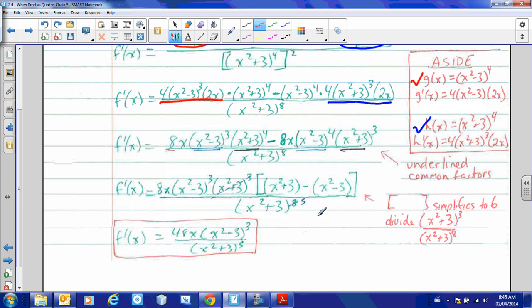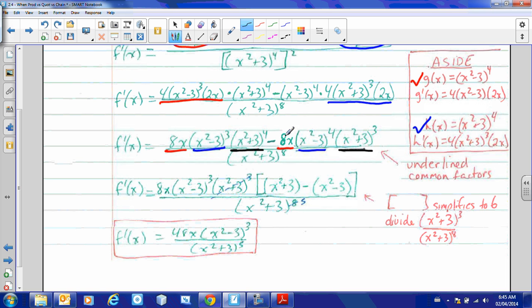And now I have common factors of 8x and 8x, x squared minus 3's, and x squared minus 3. I have 3 of them here and only 4 of them here. And I have x squared plus 3's, 4 of them over here, x squared plus 3, 3 of them over here.